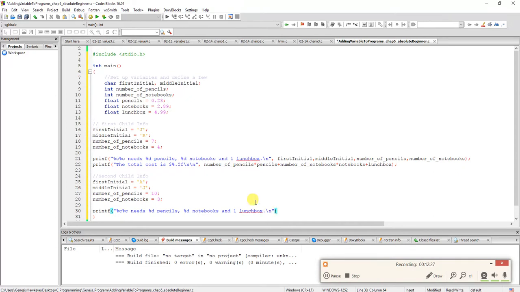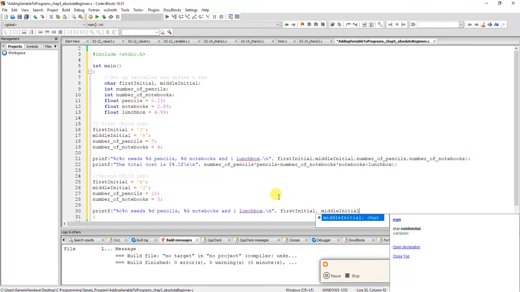So this person needs percent D pencils, percent D notebooks, and 1 lunchbox. And we need to add this here: first initial, and then middle initial. And that's it. Oh no, I forgot to put AJ.